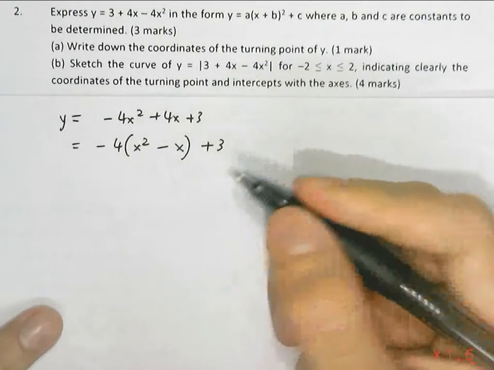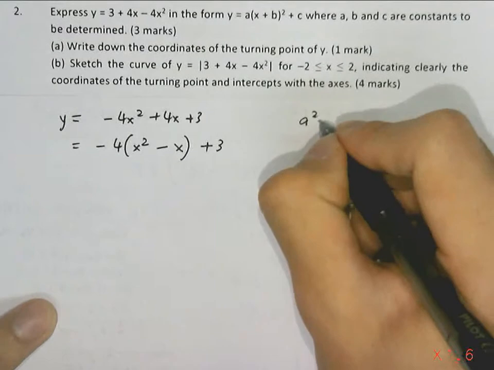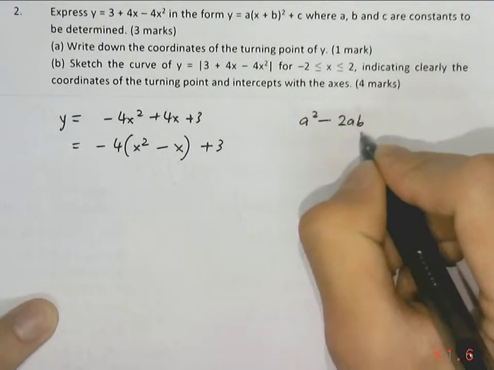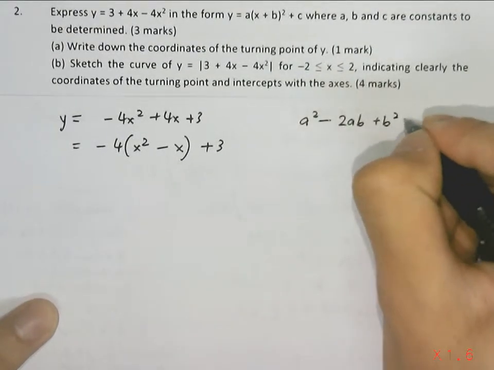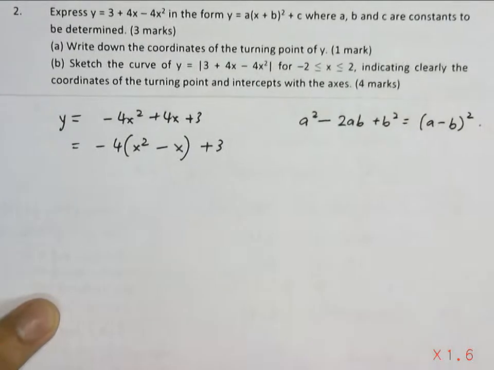So we try to complete the square. We need this minus 2ab term before it can be factorized into a perfect square, a minus b bracket square.